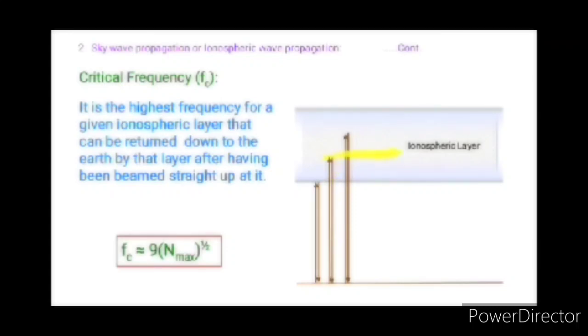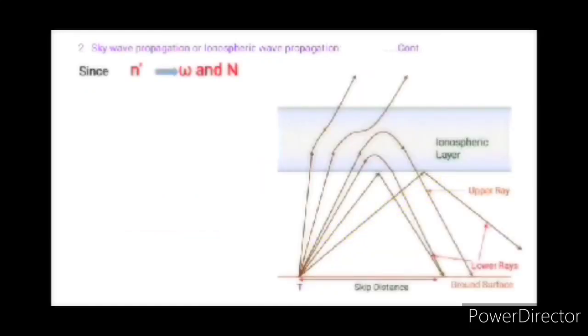If the frequency is too high, then the ionospheric layer may not be able to reflect these rays back to the Earth, since the refractive index of the ionospheric layer depends upon the frequency and the concentration of ions in that layer.